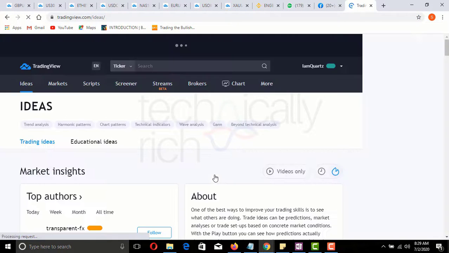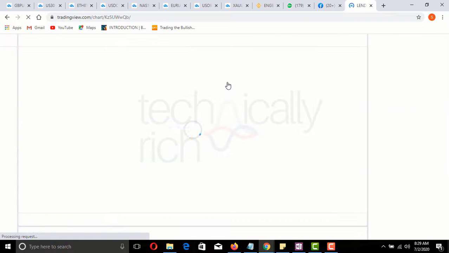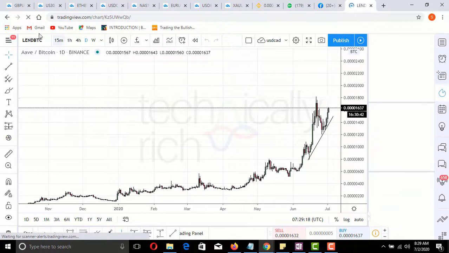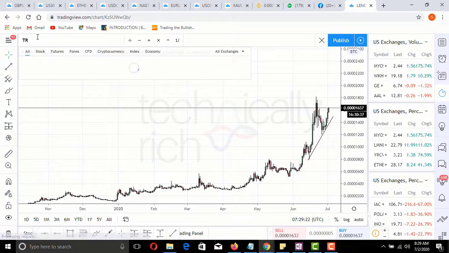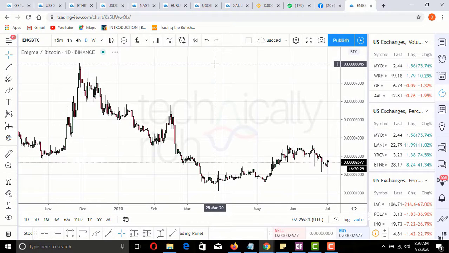We'll search for ENG BTC, and I'm going to be choosing ENG BTC on Binance. Take note of that, ENG BTC on Binance.